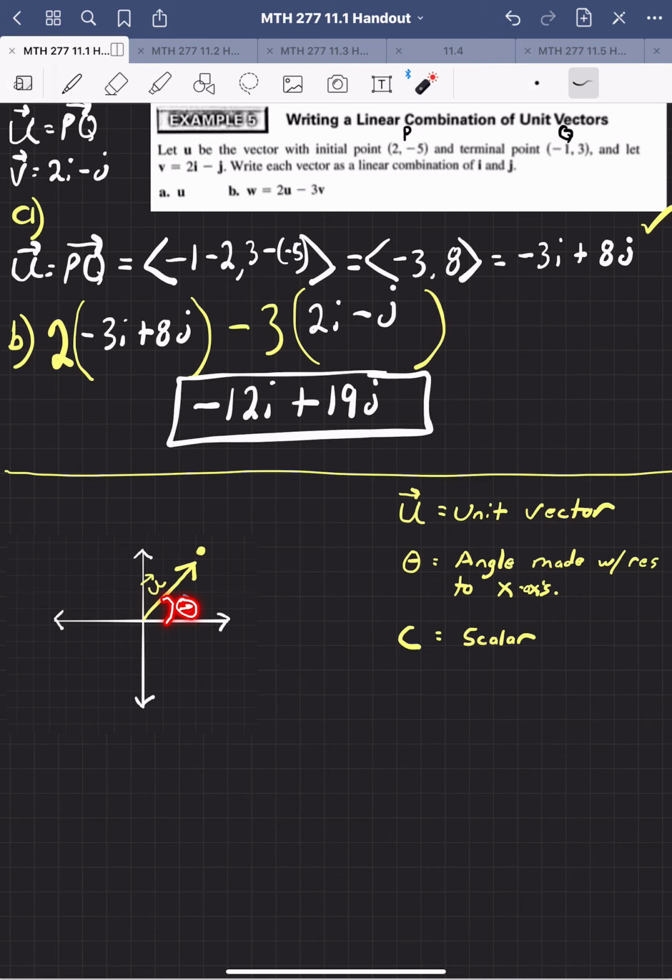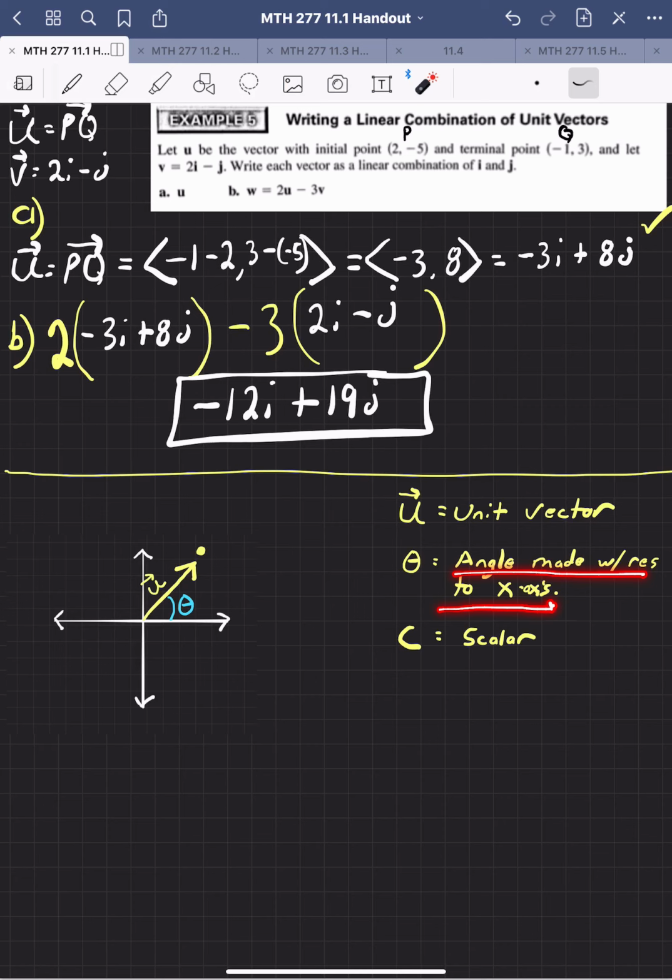And now, the way we're going to do this, let me introduce what I have here. Let's begin with some ifs, right? So if u is a unit vector, length of 1, and we assume that theta is the angle that u makes with respect to the x-axis.